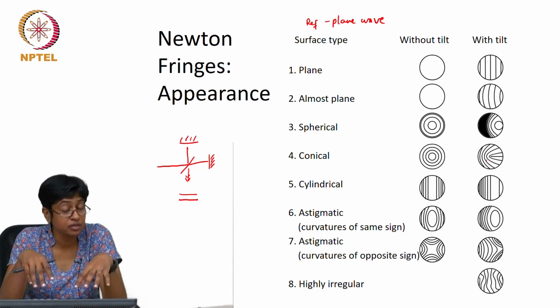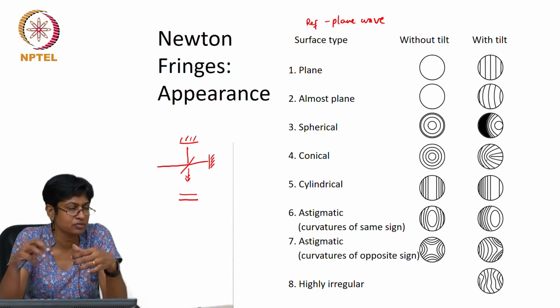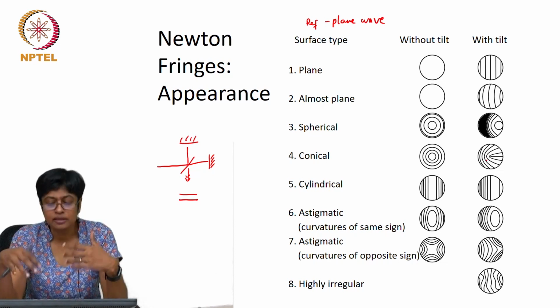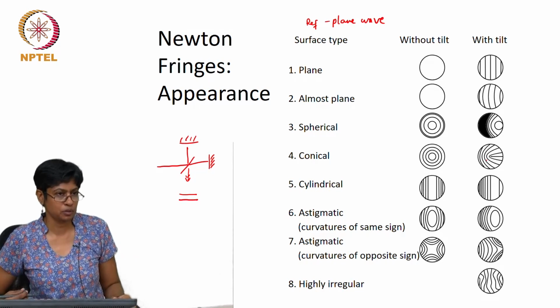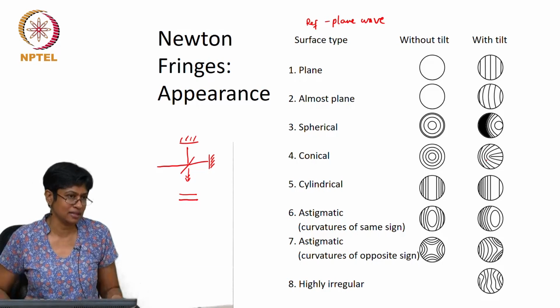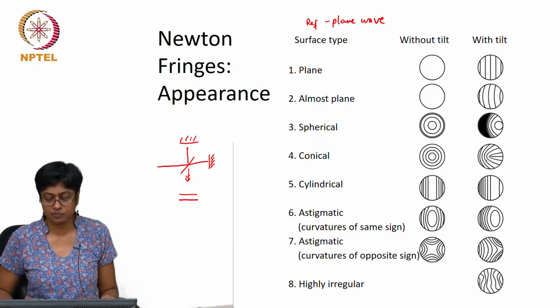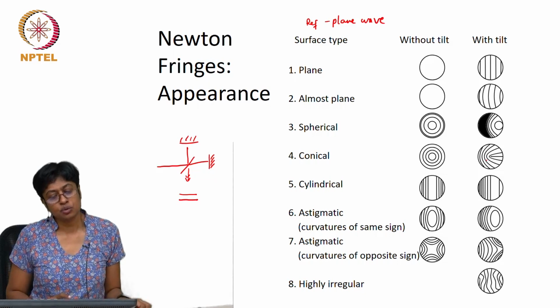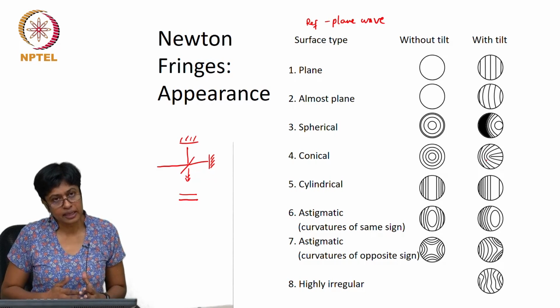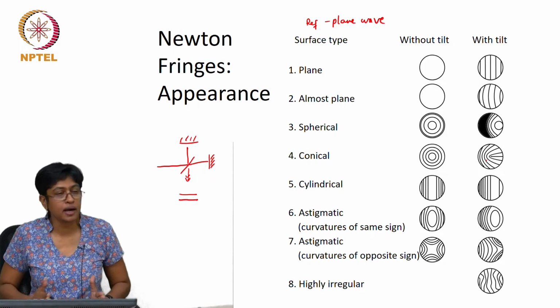Right? So the Newton interferometer is a very powerful interferometer because it very quickly gives you information and there's no alignment needed. So early in an optical workshop, it would definitely be a tool that everyone would be using. Okay?